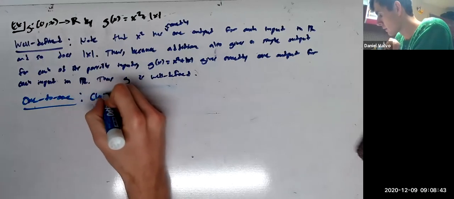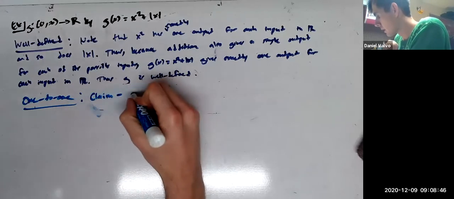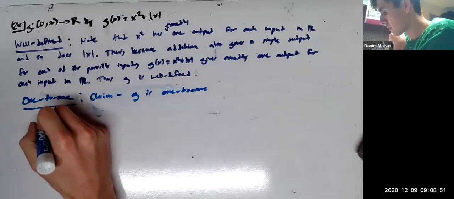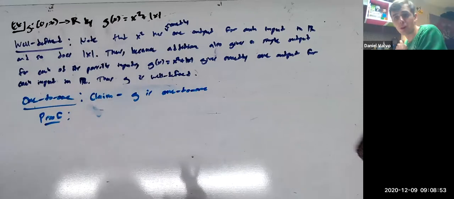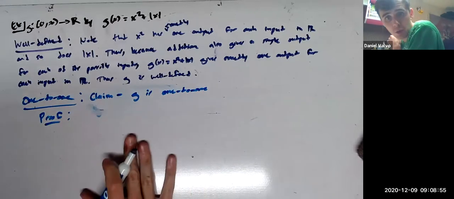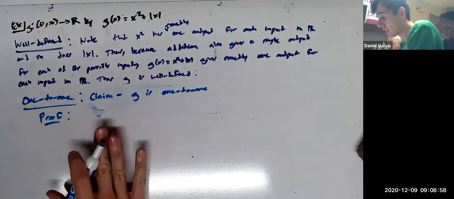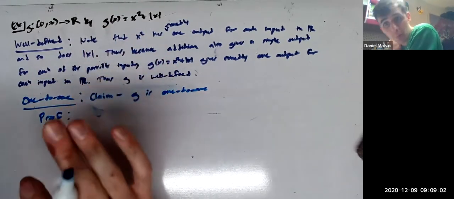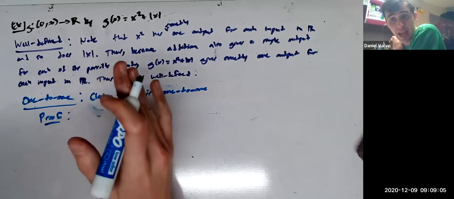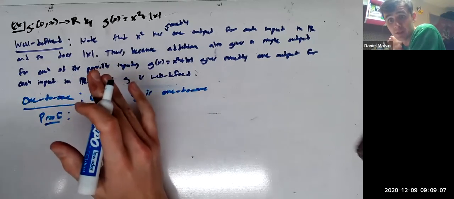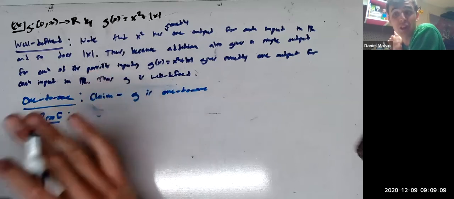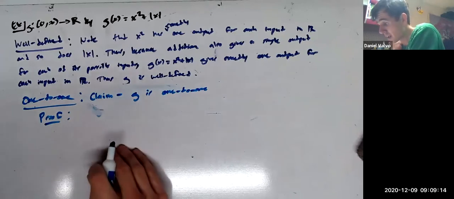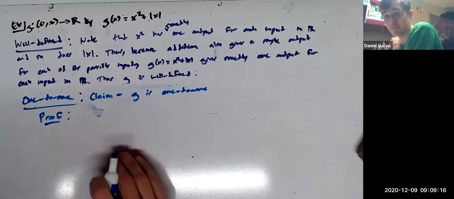One-to-one claim: g is 1-to-1. Proof: the proof that something's 1-to-1 always goes the same way. You assume that there are elements in the domain, a and b, so that g of a equals g of b, and then prove that if that's the case, a must equal b. Once you've proven that, you've proven there can't be two distinct elements in the domain that map to the same element in the codomain, because you just showed that if any two elements map to the same element, they have to be the same.